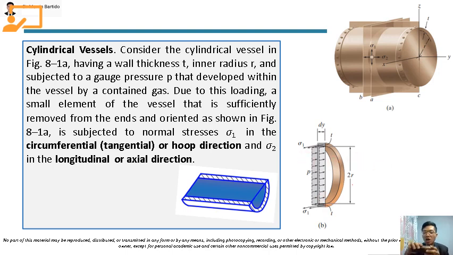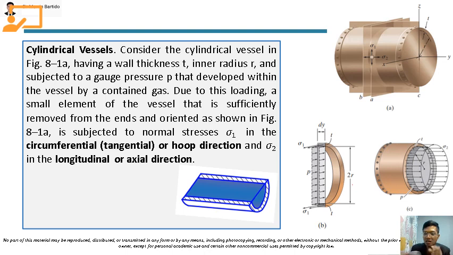Now, if we cut the vessel here, we can see the segment this way, the cut section. So this will be that segment. This wall, as you can see here, will be subjected to a longitudinal stress.